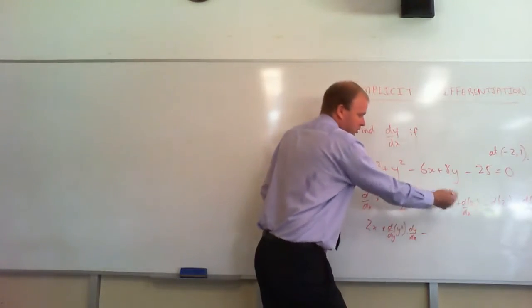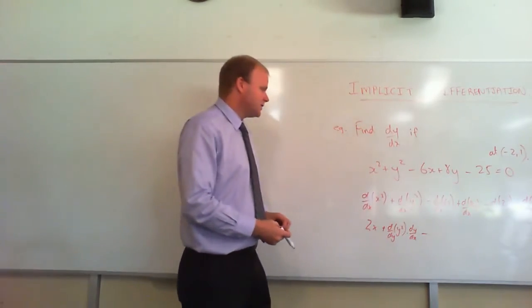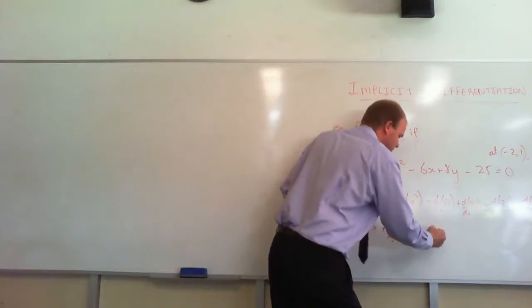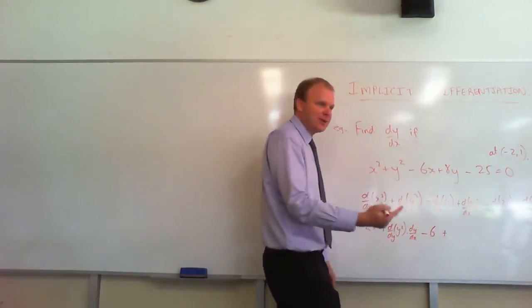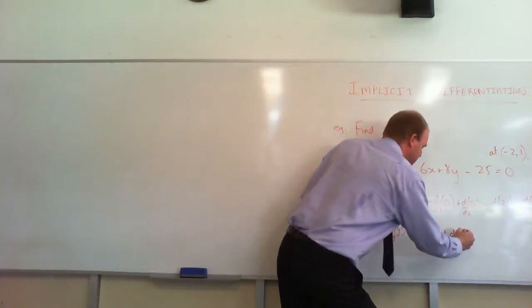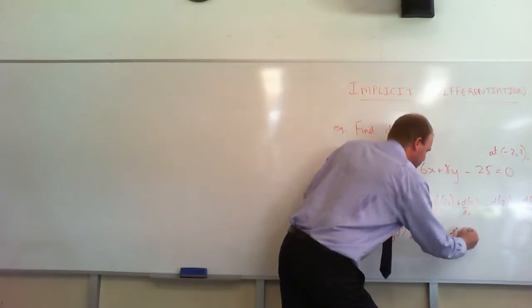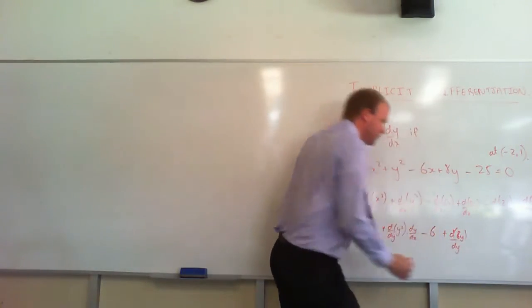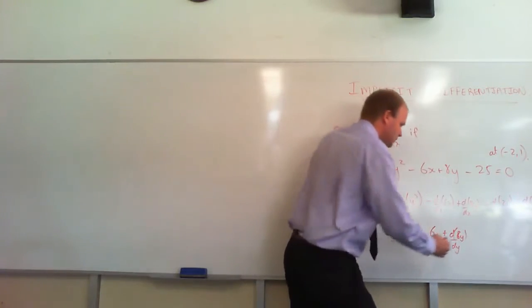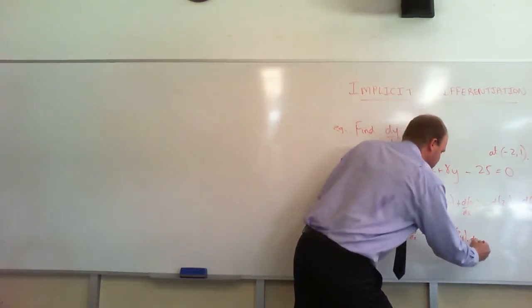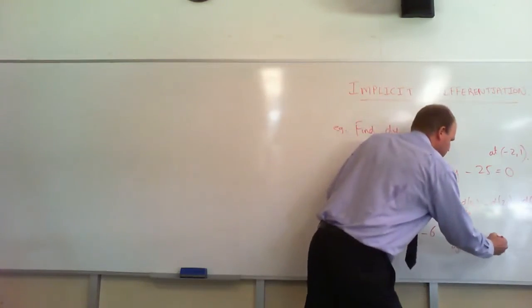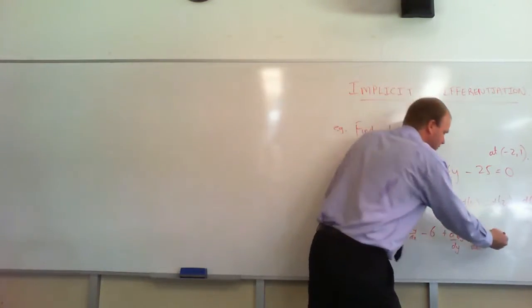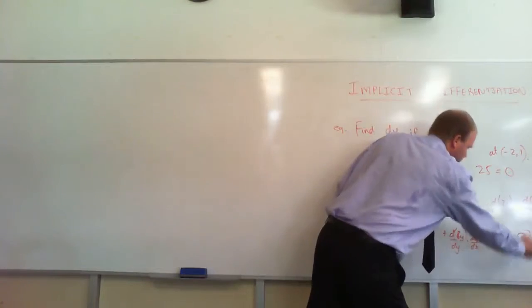Minus, we can do this straight off, the derivative of 6x with respect to x, just 6, plus here, chain rule again, we can differentiate 8y with respect to y, but we'll need to multiply by dy dx, chain rule again, minus derivative of 25, 0, equals 0.